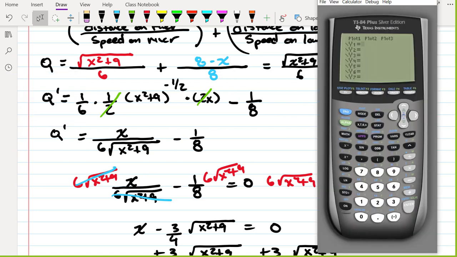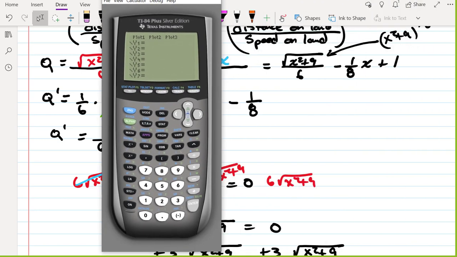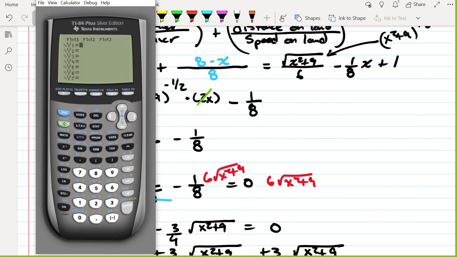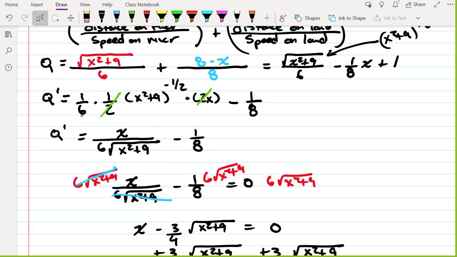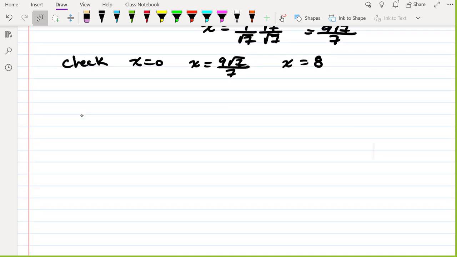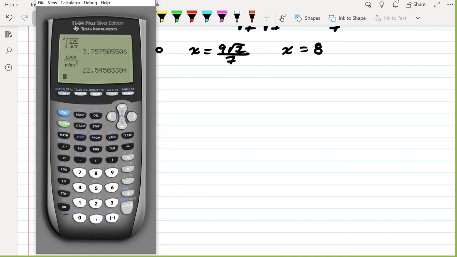So we have a square root of x squared plus 9 over 6 minus x over 8 plus 1. And then we need to check these values.